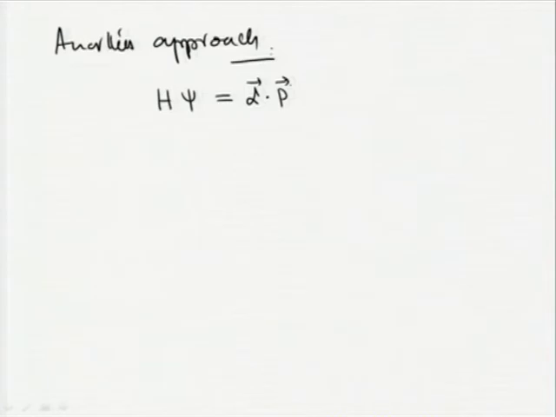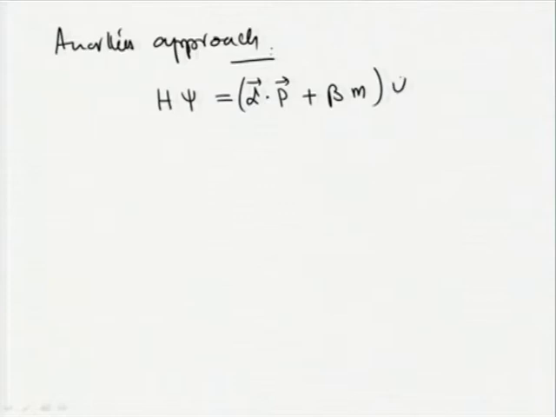So, it is now written as some coefficient alpha dot p. Alpha is given as a symbol of a vector and dotted with p.